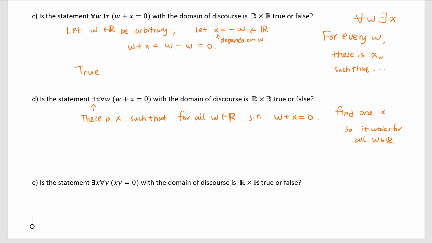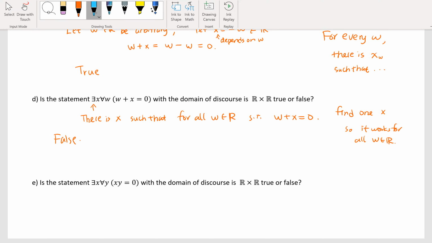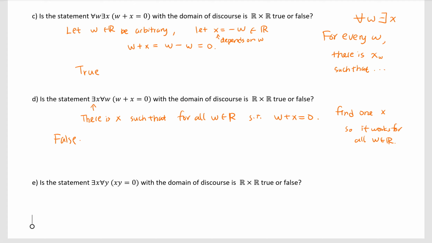Okay, so how do we show it's false? Let me use a different color here. To show it is false, we need to show that for all x values, there is a w such that w plus x is not equal to 0. And why do I come up with this? You can think about this statement. It is false, so the negation of it must be true.